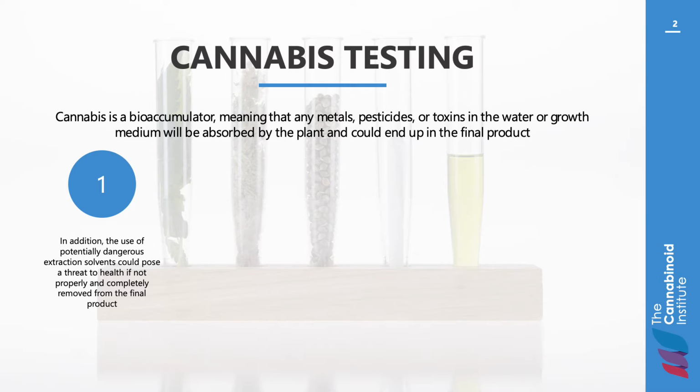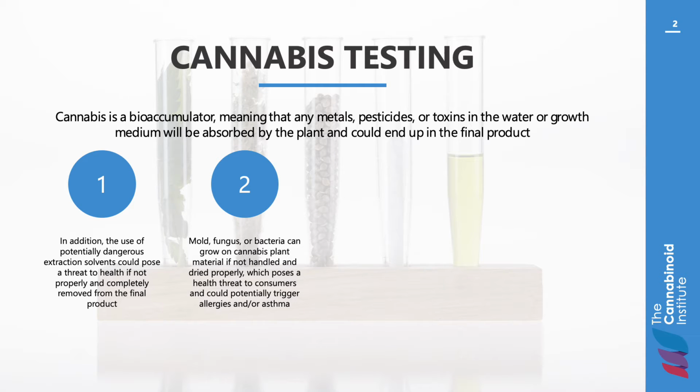Mold, fungus, or bacteria can easily grow on cannabis plant material if not handled and dried properly, which poses a health threat to consumers and could potentially trigger allergies and/or asthma.